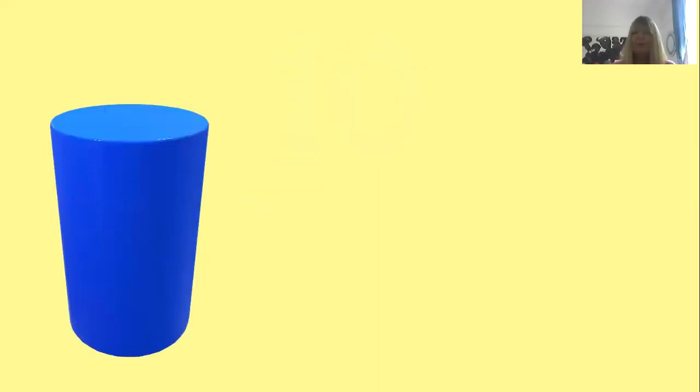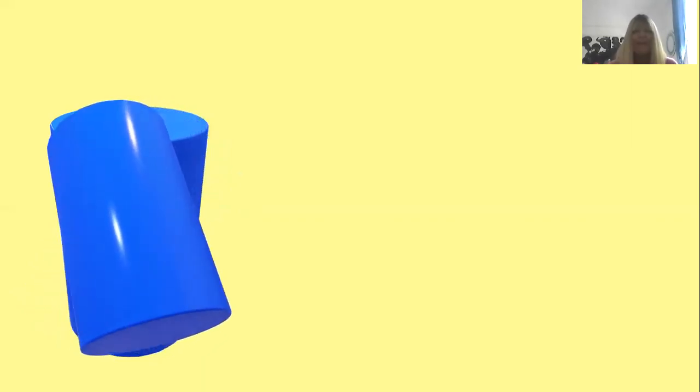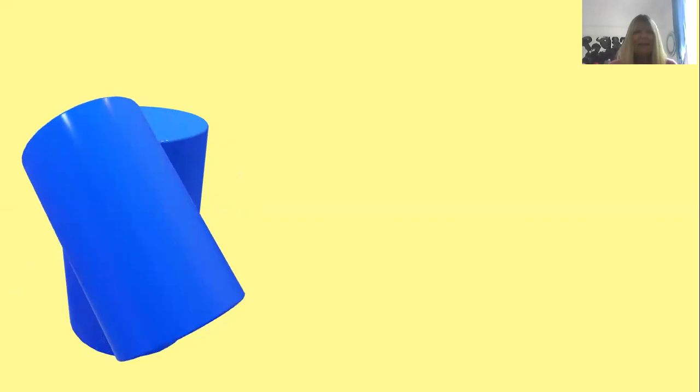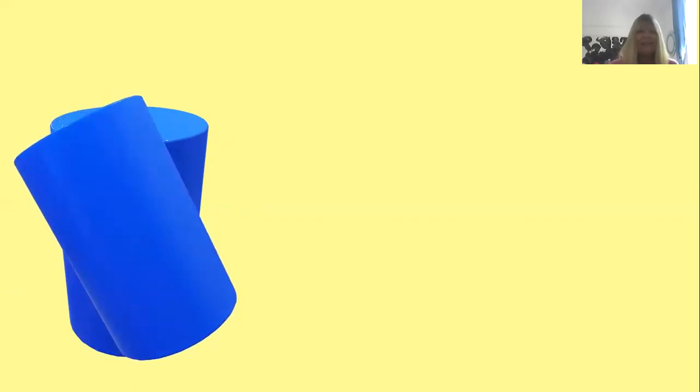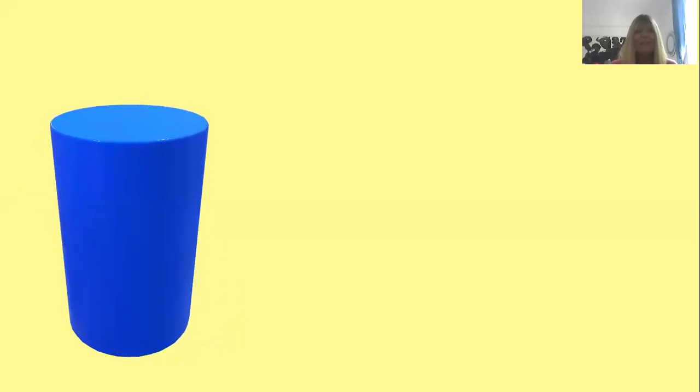Onwards to our shape. Have a look at this shape. I hope you're impressed. I was very excited that I managed to do this on this PowerPoint maths meeting. Well, it's moving and we can see that it's not a flat shape, so it can't be 2D, it's a 3D shape.